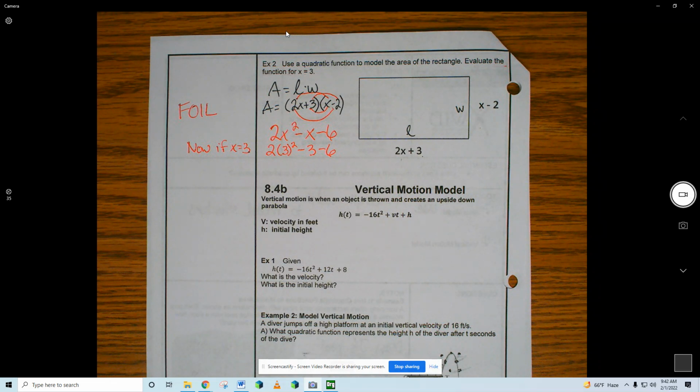Did you do the 3 squared first? You have to. Do the 3 squared first. They told us that we follow them.